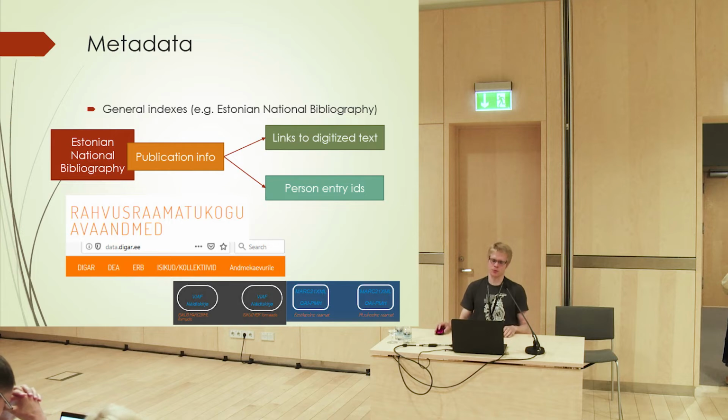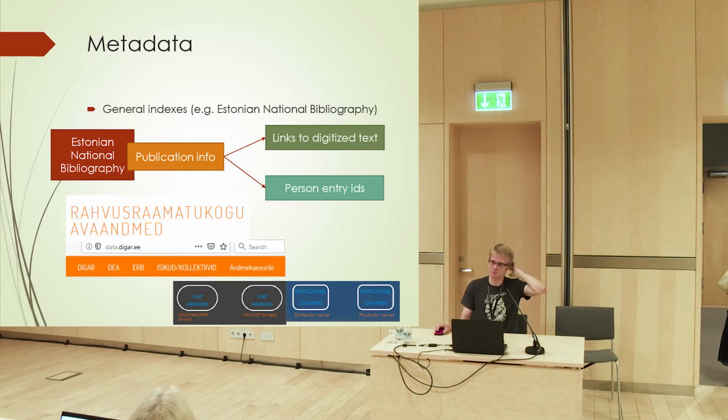So for Estonian, which I didn't know in the beginning, initially I just started collecting these various pieces of information and making a database. There exists the Estonian national bibliography.